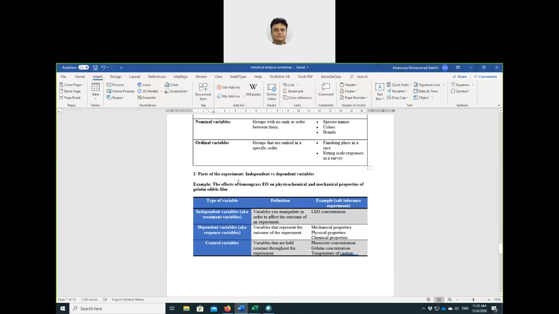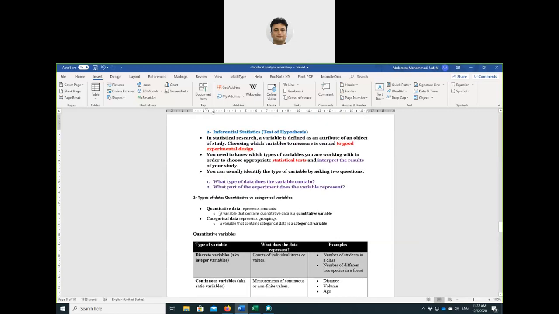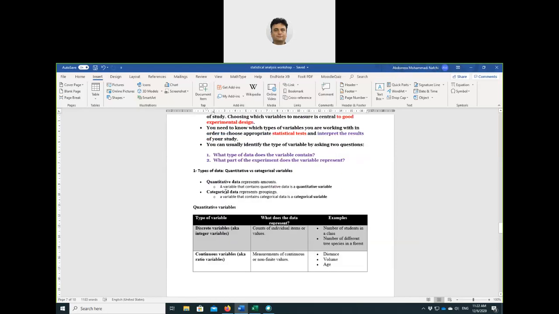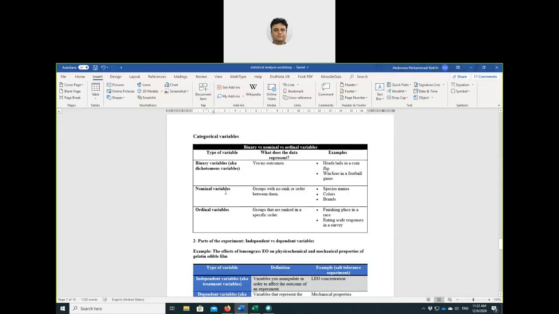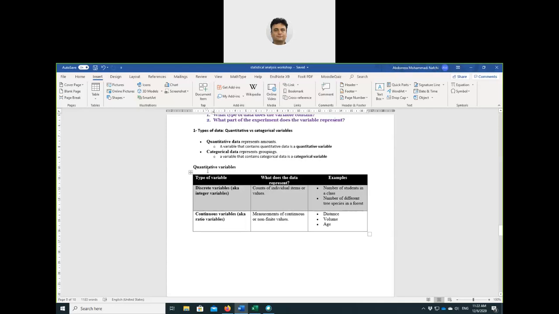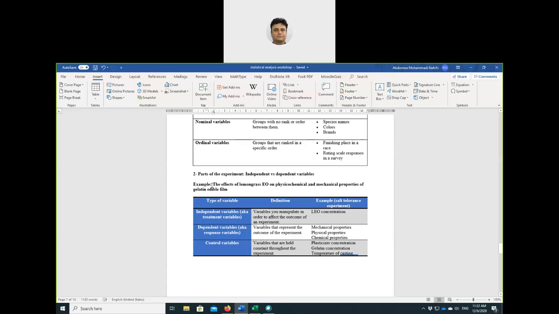And the second part of the first question: what type of data, and what part of the experiment. So variables are categorized based on type, quantitative or categorical, and also based on which part of the experiment, independent or dependent.